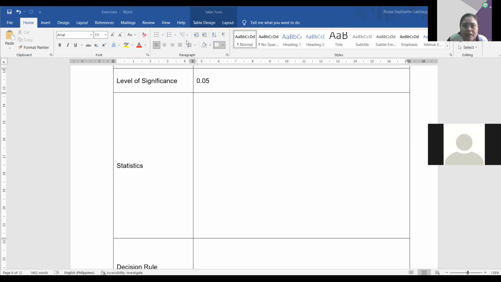Na-erase na po kung sinulat. Ulit. Okay, again, z is equal to x1 minus x2 divided by square root of the square of s1 divided by n1 plus s2 squared divided by n2.